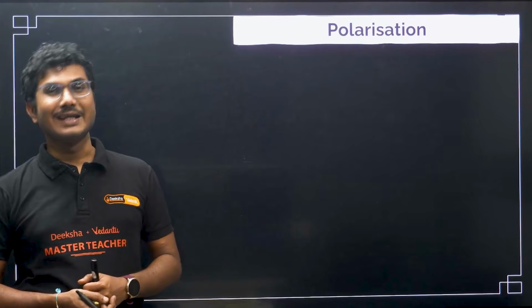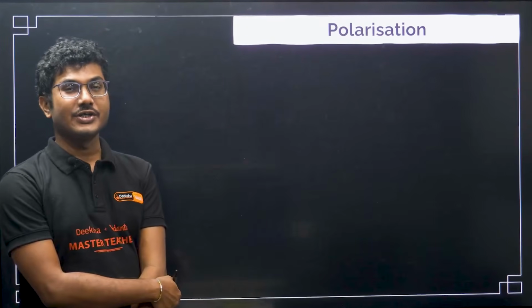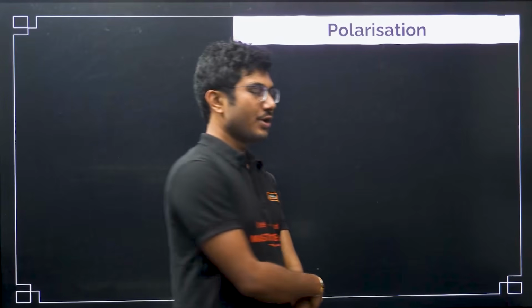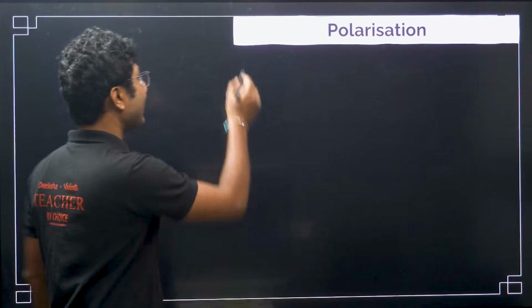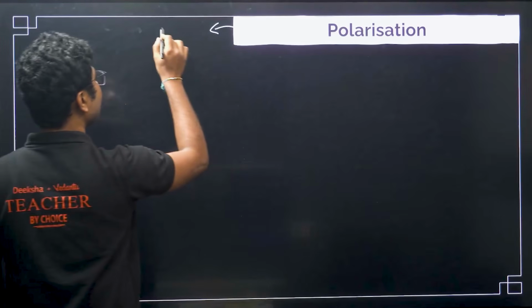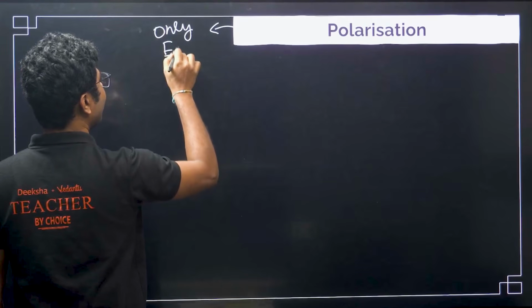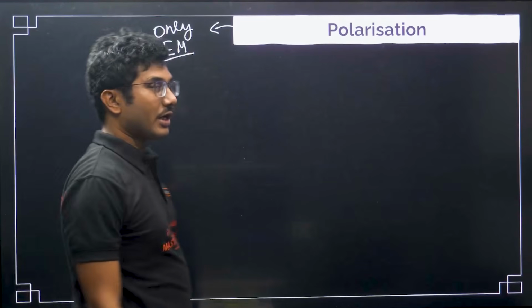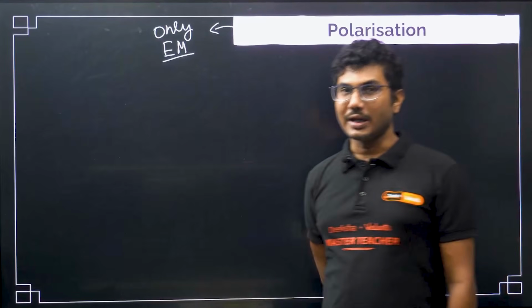Light showing polarization is the greatest proof that light is an electromagnetic wave. Only electromagnetic waves show polarization, and this is proof that light is an electromagnetic wave.